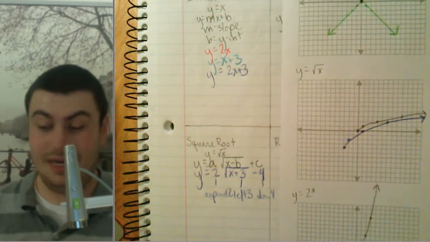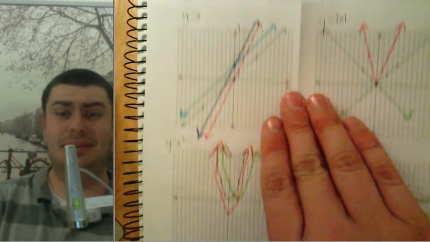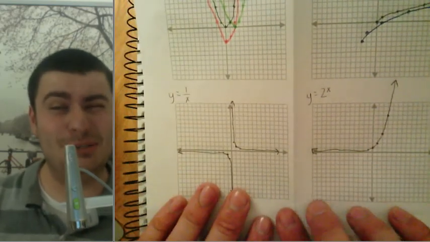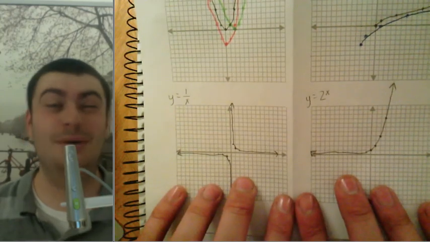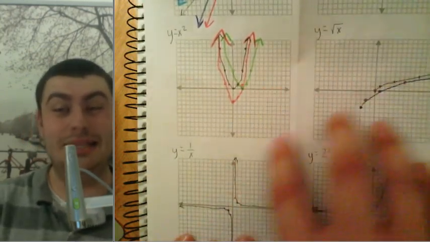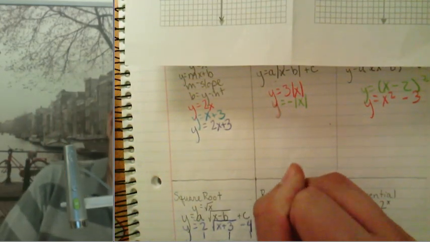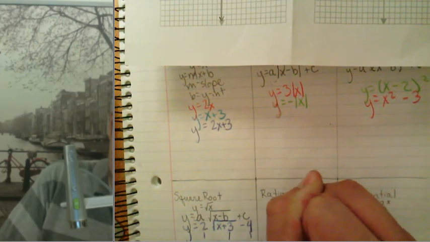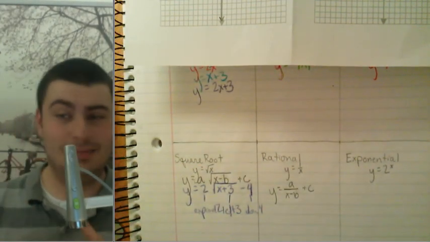Now, this is all a lot. I know this is a lot of information that we just went through really quick. You're in luck because for the most part we're not going to do too many shifts of these graphs, but we will do some other things. For rational, we have y equals a over x minus b plus c, and we'll plug things in and manipulate it.